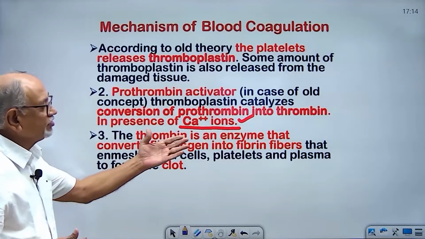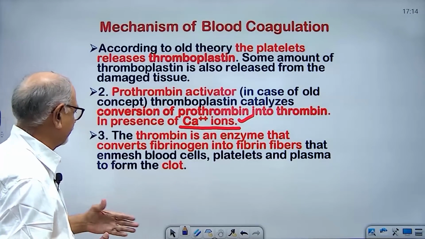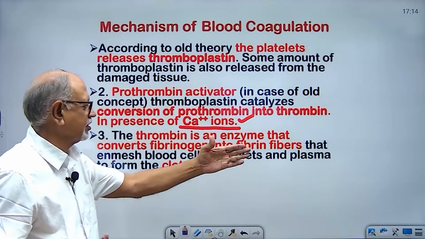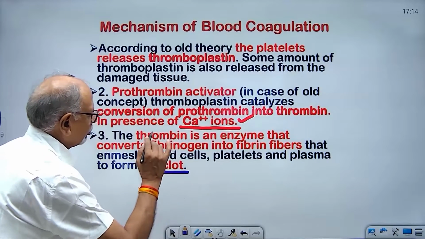The thrombin is an enzyme that converts fibrinogen into fibrin fibers that enmesh blood cells, platelets and plasma proteins to form a clot.